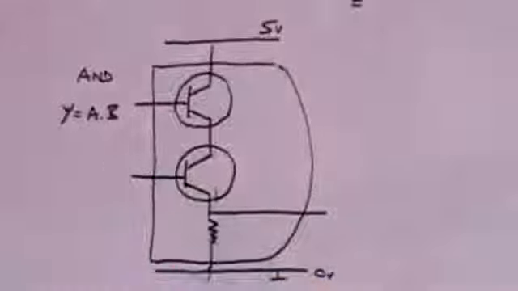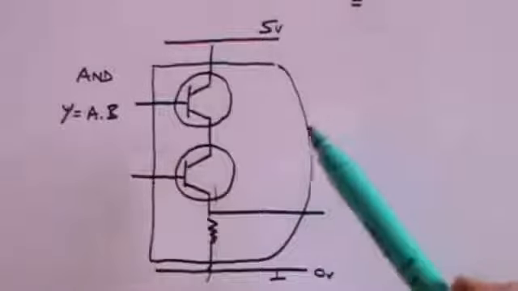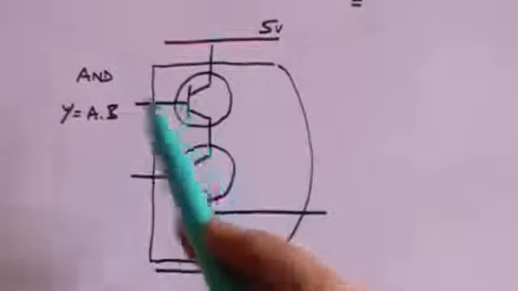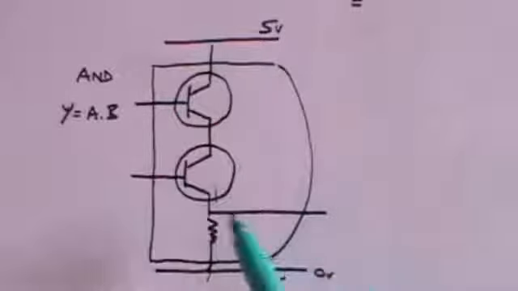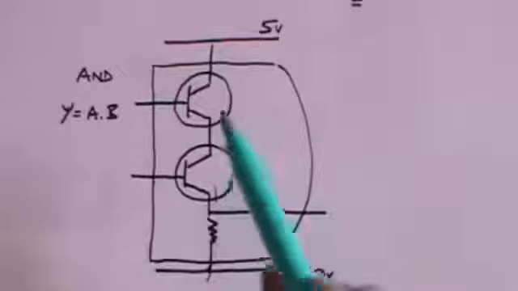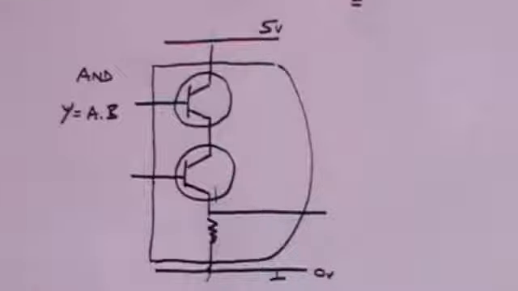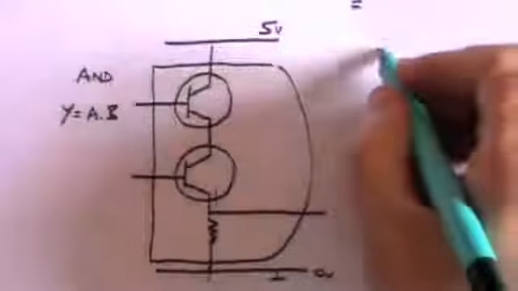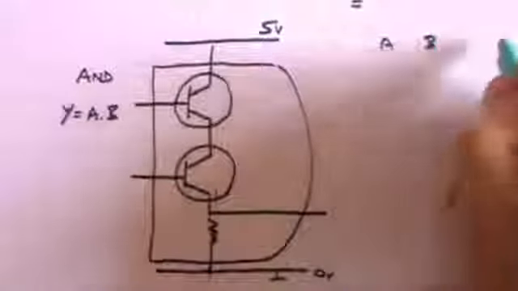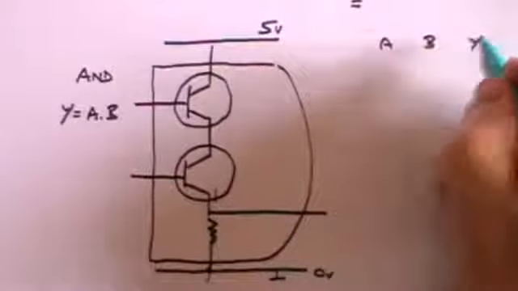So when we draw the AND gate in this form, what we're actually saying is that here are the two inputs, here is the output, and these two transistors and resistance are what's contained within. So once again we can draw our truth table for our inputs and our output.